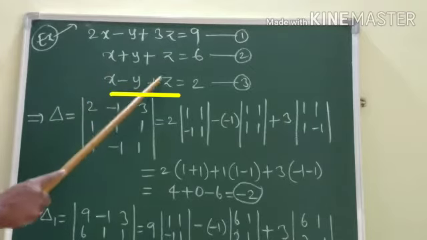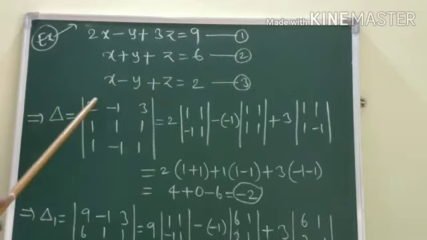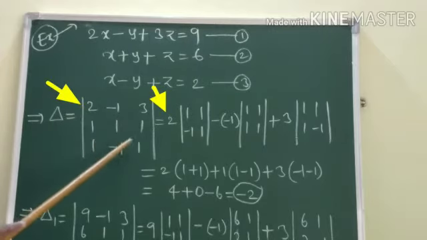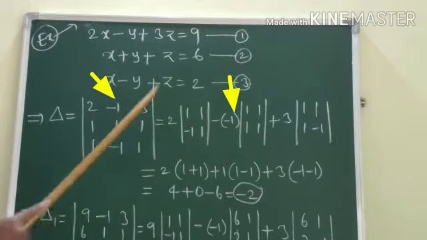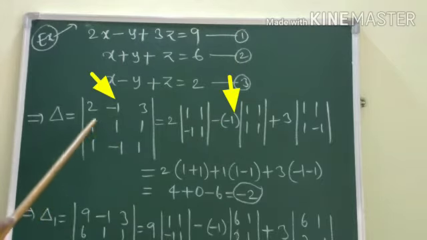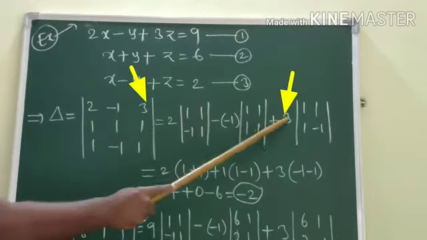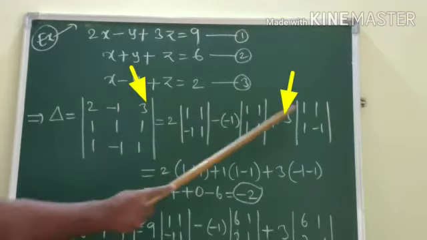To find the determinant, take the first row: 2 into the determinant of 1, 1, minus 1, 1, minus of minus 1 into the determinant of 1, 1, 1, 1, plus 3 into the determinant of 1, 1, 1, minus 1.